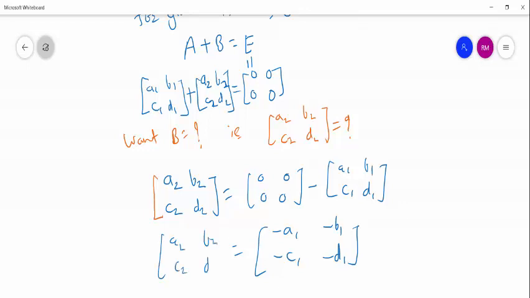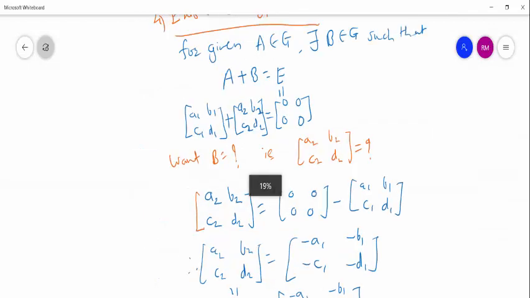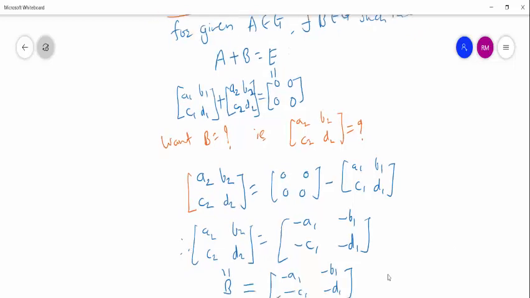Left hand side as it is. So we get, this is nothing but our B. B is nothing but this matrix, minus A1, minus B1, minus C1, minus D1. B works as an inverse for A.